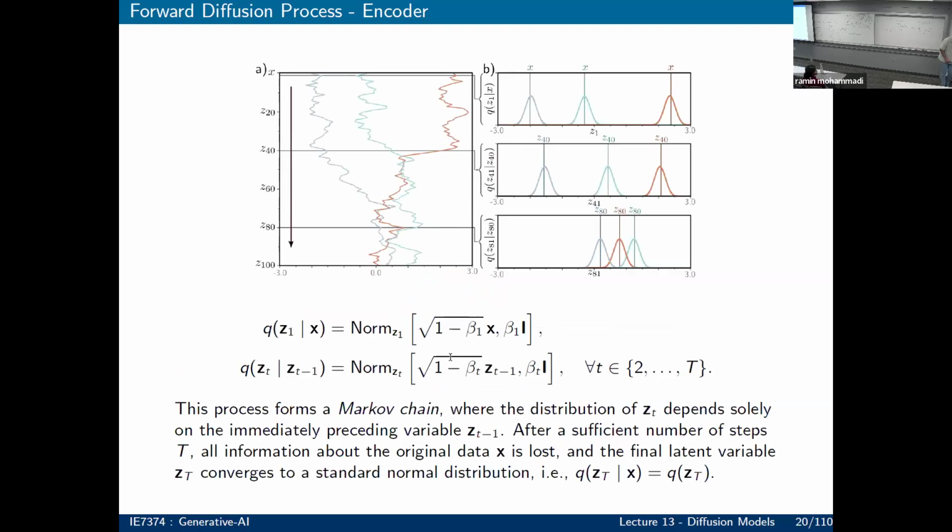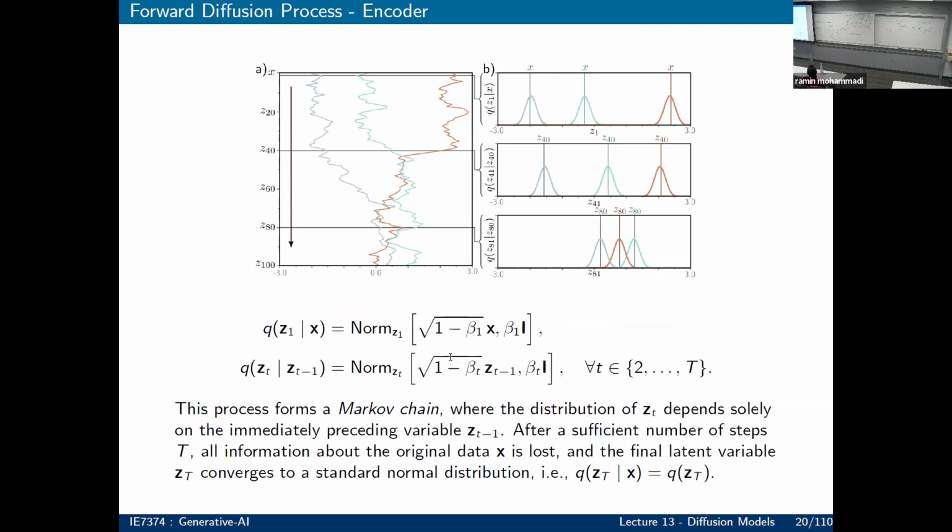Now take a look at this image. You start from the top, where you have x, and after 100 iterations, we sampled 3 images. These are 3 different images, 3 different paths. You sample this image, this image, this image, and over time, as t increases, we add noise.